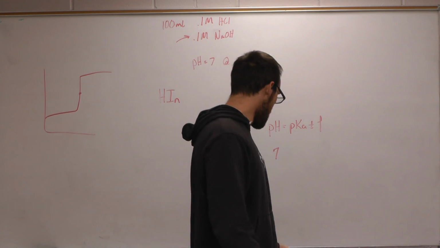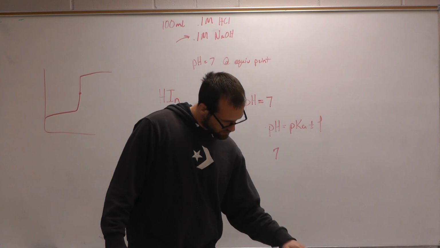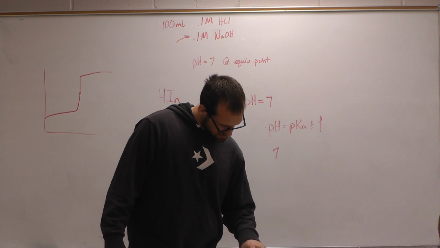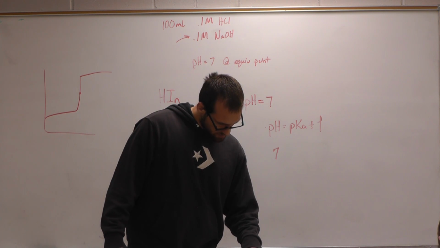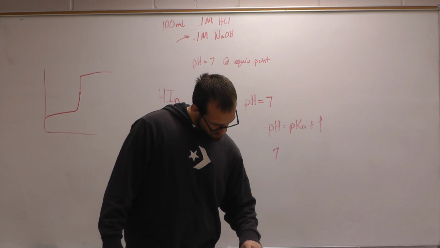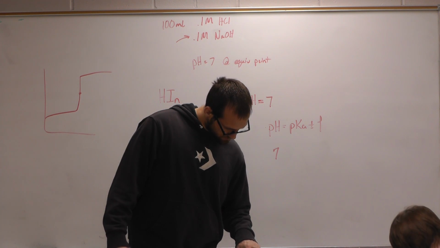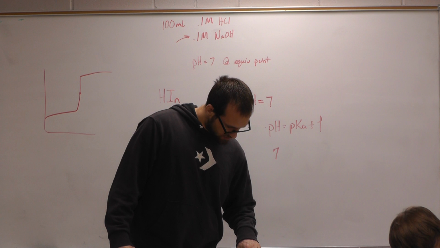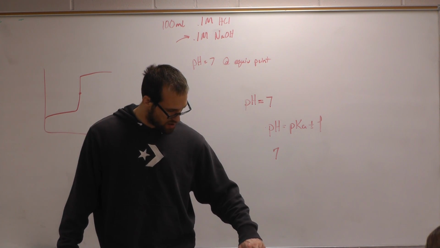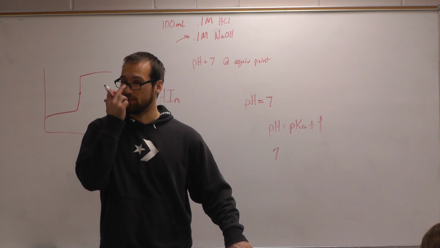Okay? So in your homework, do you guys know what your homework problems are? 3. Okay, so in here you're just looking for what the color changes are. What other questions do you have? 67. Probably the one. Okay, so in 67 you're going to want to figure out what the equivalence point pHs are in those different problems, so then you can identify what indicator to use.